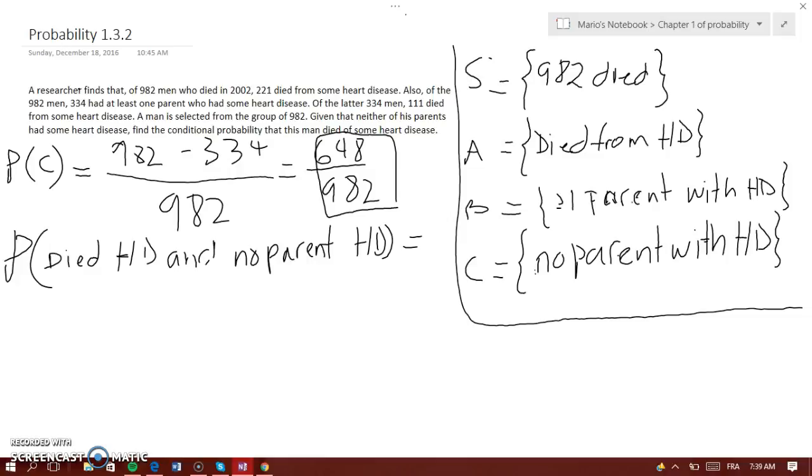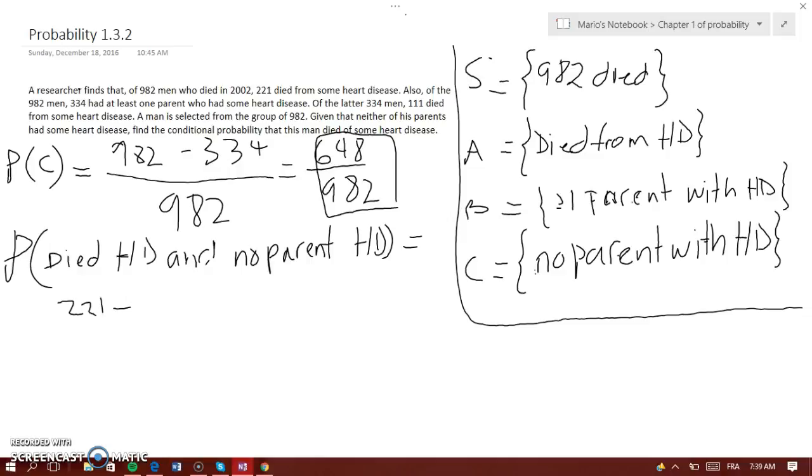We have 221 of them who died out of 982, minus how many of them who died without a parent having heart disease. Okay, because we know that we have 111 who died with at least one parent having heart disease.